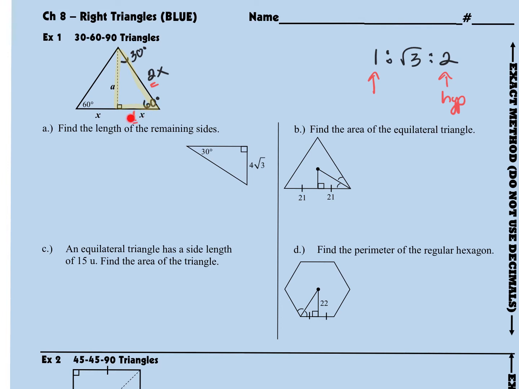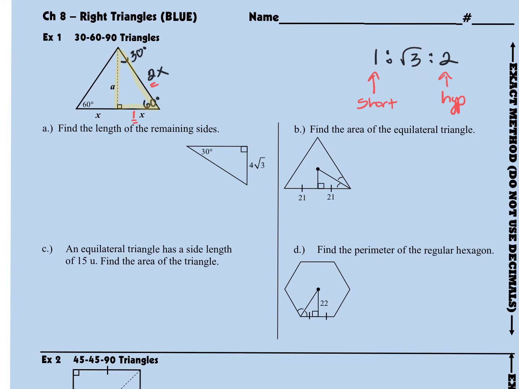Now, this little side, this x, is a leg in the triangle, and this leg is across from the 30 degrees. I've got two legs here. One leg is across from 30, the other leg is across from 60. The leg across from the 30 degrees is called the short leg, or just short.